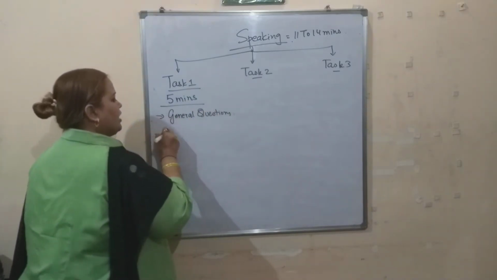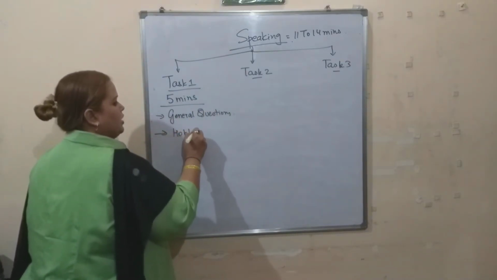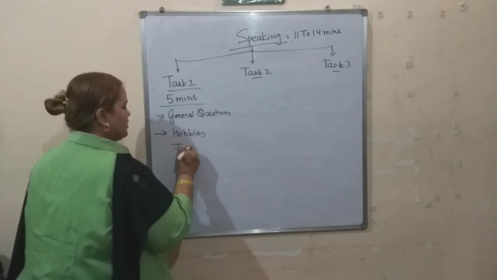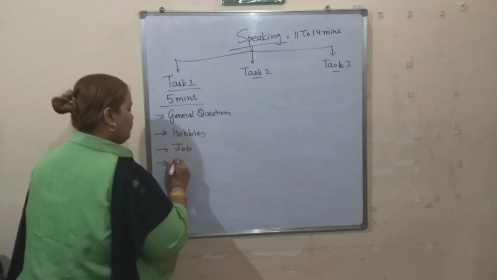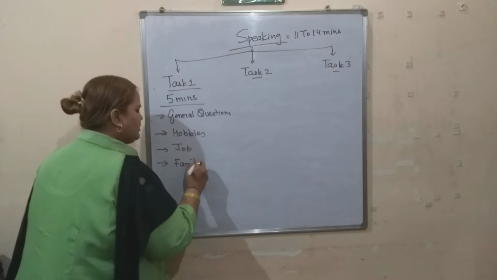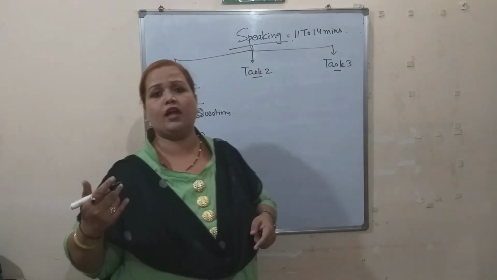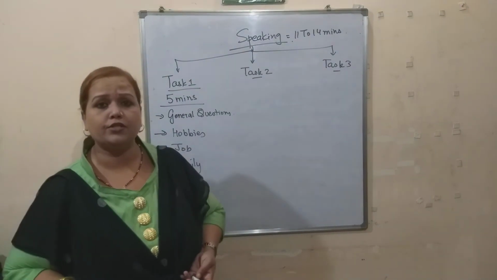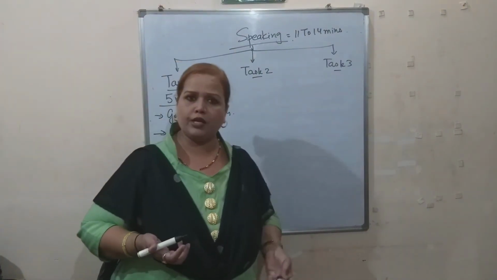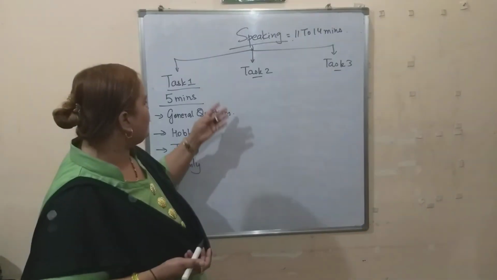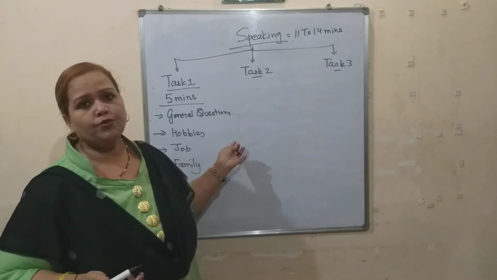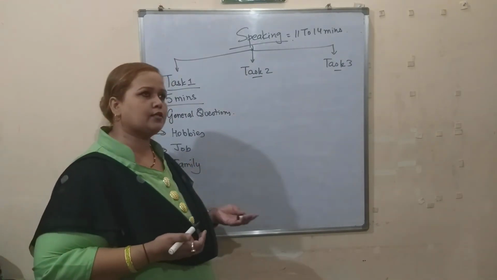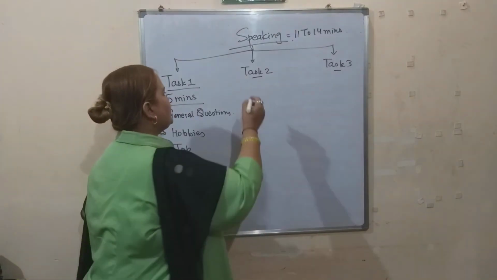He can ask about your hobbies, your job, or your family. An examiner can even ask why you need to travel abroad, or why you want to go to Canada or Australia, what your reason for going is, or why you want to study over there. So he can ask you any general questions related to you. Task 1 is for 5 minutes. Let's go to task 2.